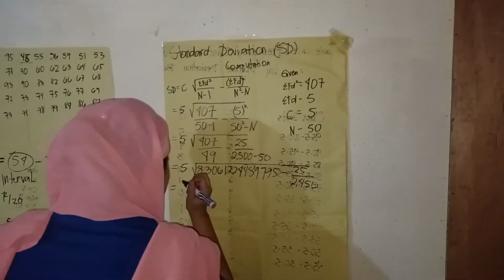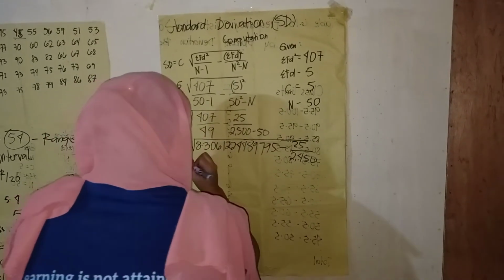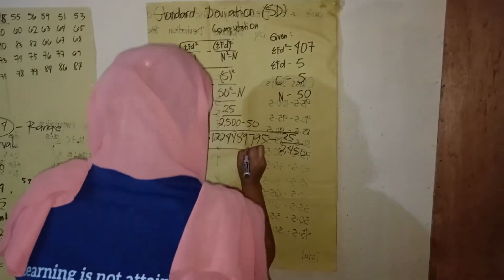So equals our class interval 5 square root.